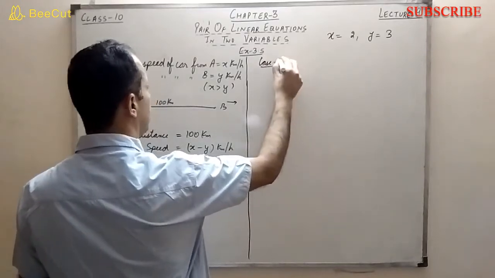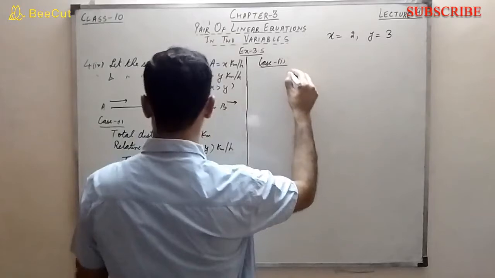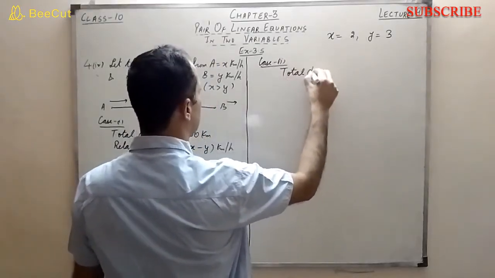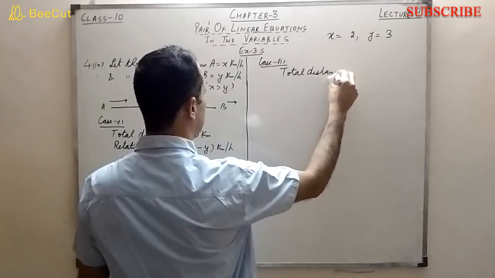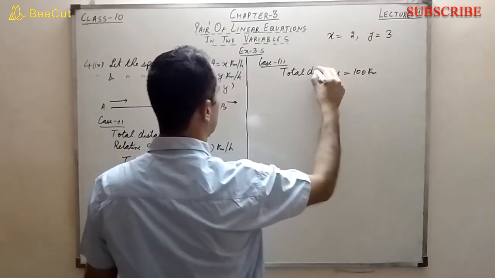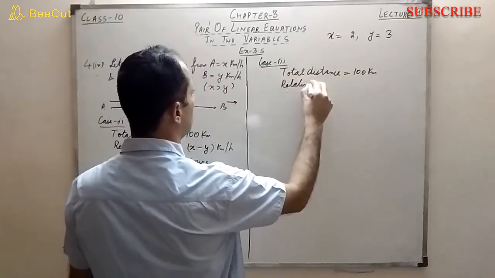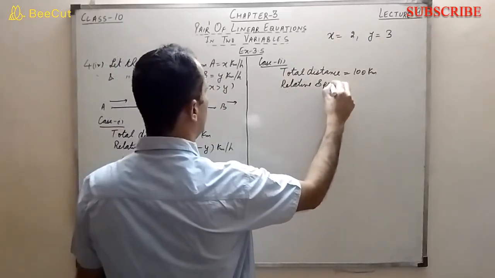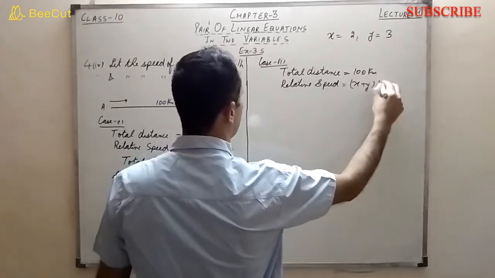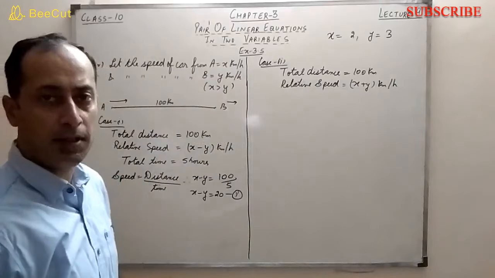Again, the distance is same, right? So I write total distance equals 100 kilometer. Relative speed: when the objects are moving in the opposite direction, the relative speed is added, so it becomes x plus y kilometer per hour.